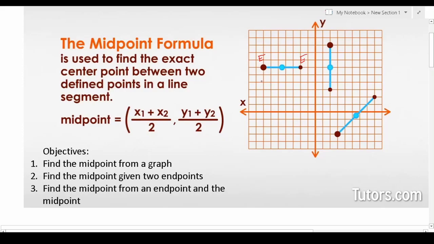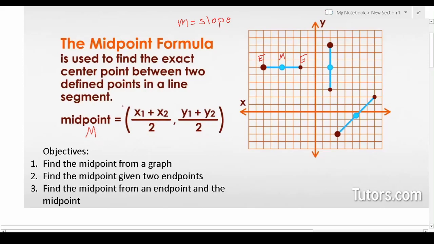If you take a look right here, you can see that's one endpoint, that's the other endpoint, and that would be the midpoint. Similarly, I also want to point out that whereas lowercase m is used to find the slope, wherever you see an uppercase M, that refers to the midpoint.